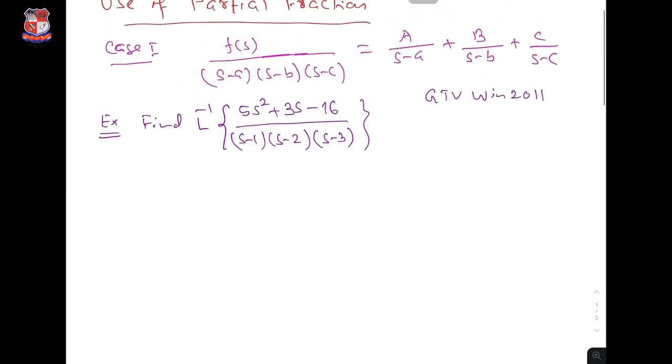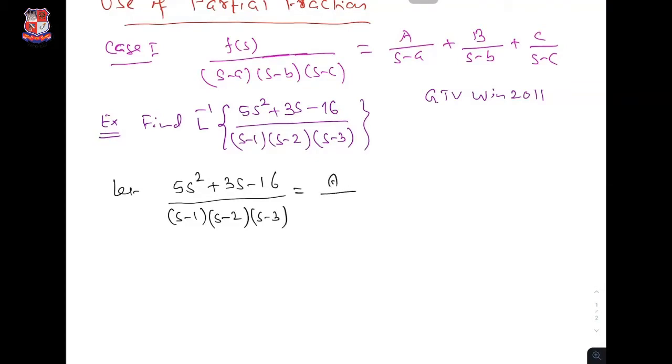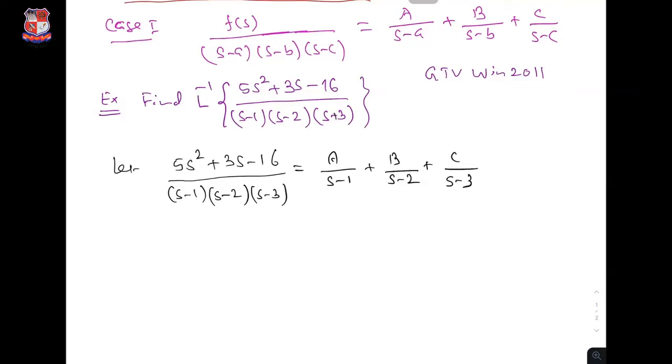Now see here, we can use this partial fraction method first of all to find out this A, B, C. So here (5s square plus 3s minus 16) over (s minus 1)(s minus 2)(s plus 3) equals A over s minus 1 plus B over s minus 2 plus C over s plus 3.